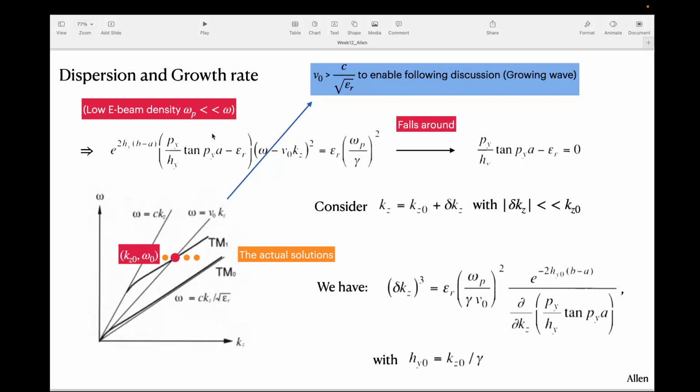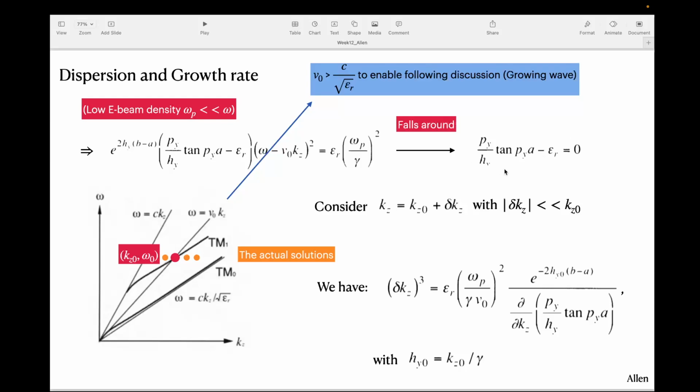But the real case is where the electron beam is really small, but not equal to 0, so therefore the plasma frequency is much smaller than omega but not equal to 0. It will actually be in this form, just like where the plasma frequency equals 0, which we have just discussed before, where there's no electron beam.